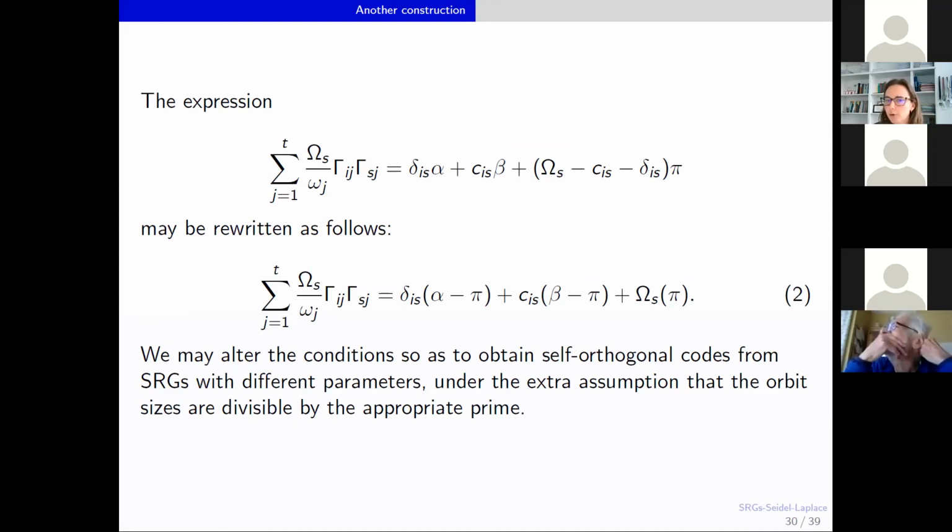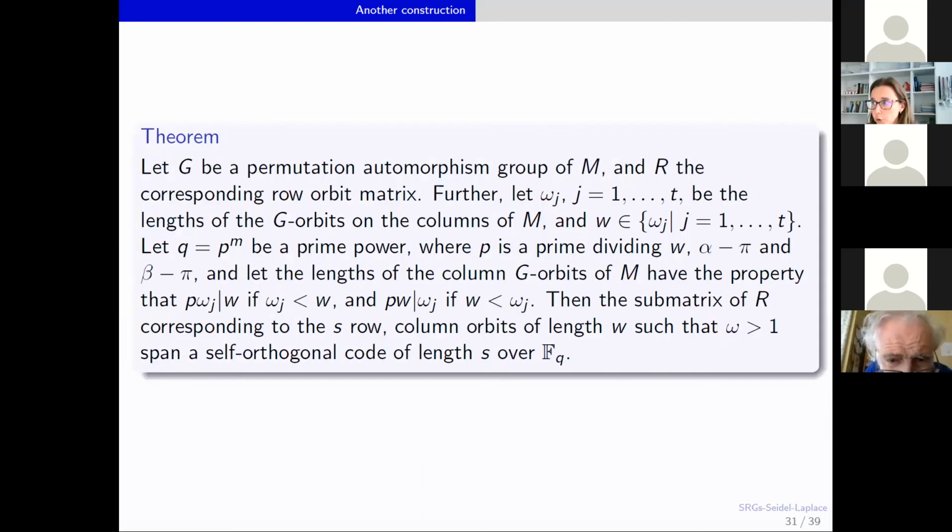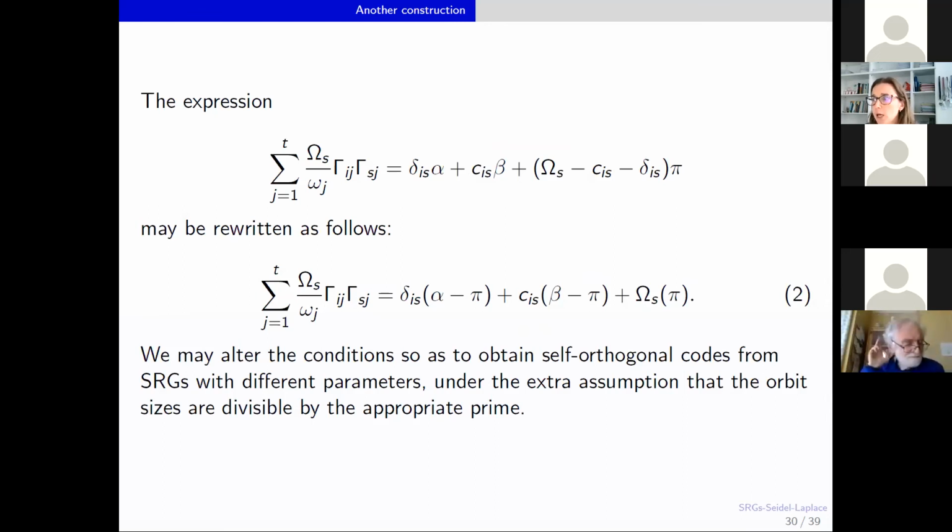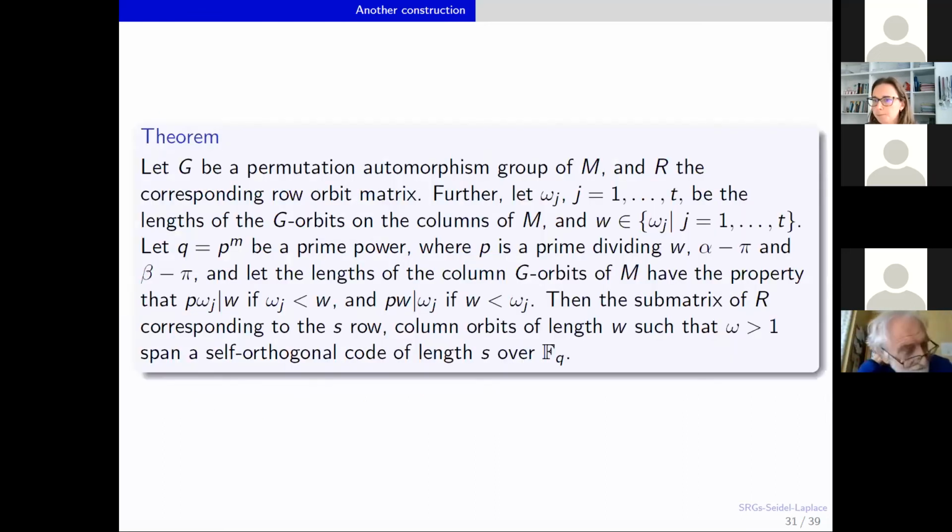You could actually obtain self-orthogonal codes from strongly regular graphs that do not satisfy the conditions given before. So you have an even wider range of possibilities of using strongly regular graphs. And we have done that. It is not difficult to show that also for these divisibility properties, you can apply the same result, the same expression that we need for obtaining self-orthogonal codes.